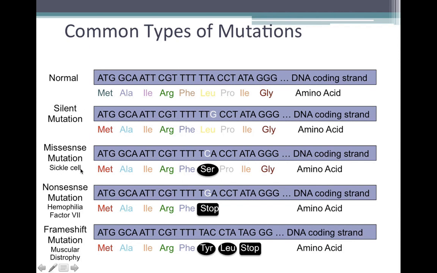Sickle cell anemia is a disease that comes from one point mutation at a specific area in the gene which encodes for hemoglobin. That's all it takes to get that disease: changing one nucleotide.